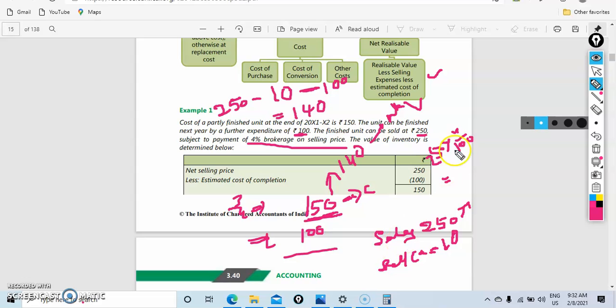See, first we have to see the partly finished unit they are giving, and we have to value the inventories for the partly finished unit only, but they are giving a further expenditure. So the further expenditure will be the 100. This further expenditure will be used in the NRV. Again, here, the sales value is 250 and the selling expenses are 10. Then 240 is there, minus the cost to complete 100, then we get 140.